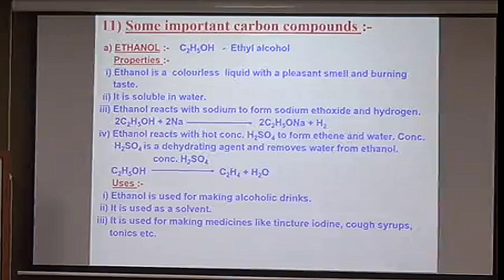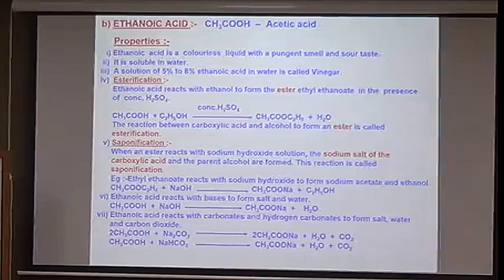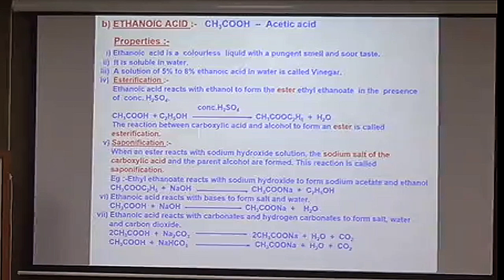Now we come to another carbon compound, that is ethanoic acid. Ethanoic acid is commonly called acetic acid. Its formula is CH3COOH. It's a mild acid, an organic acid, so it shows all the properties of an acid.